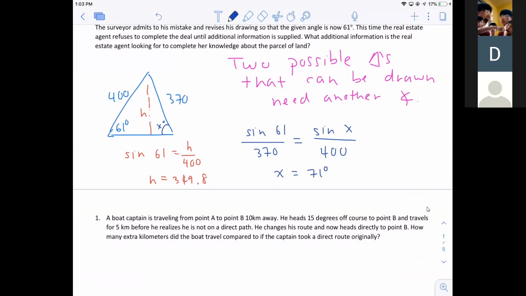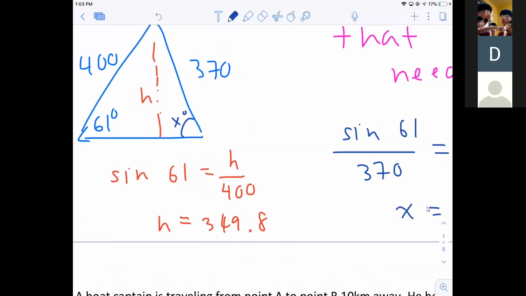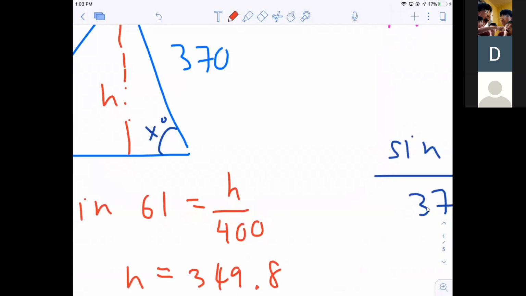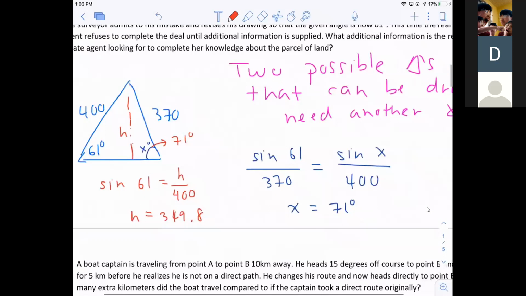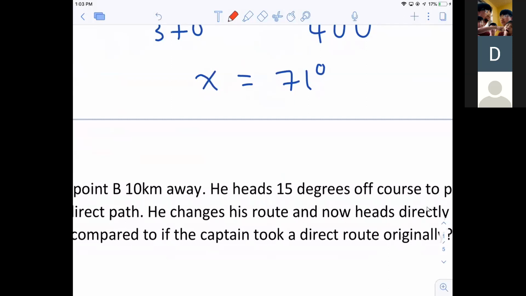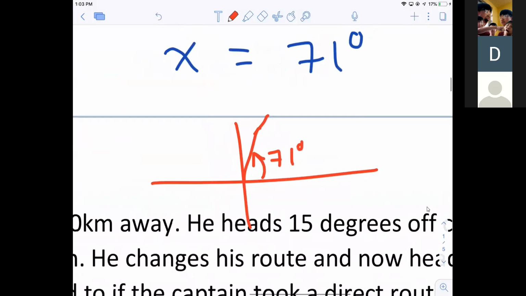All right, so the issue again is if this is 71 degrees, doing circle trig, here's the tricky part. 71 degrees looks like this. Sine of what angle will also have the same value?